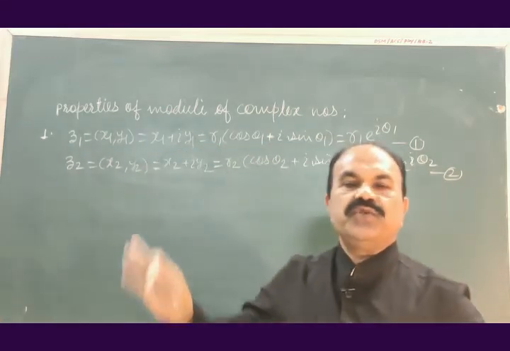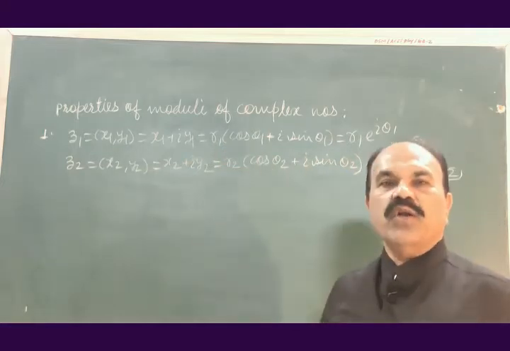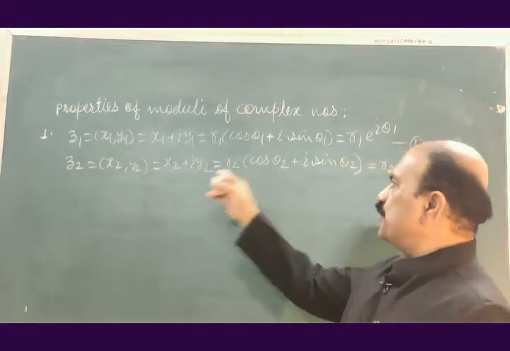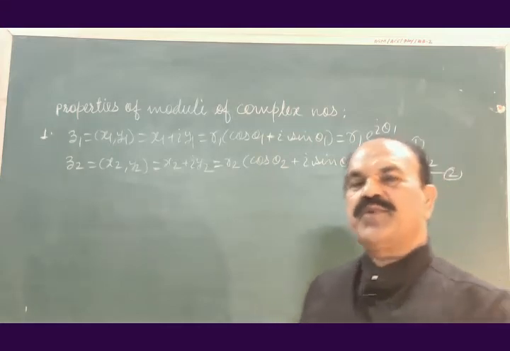So, let us consider 2 complex numbers, z1 given in polar and exponential forms, and z2 given in the same forms. Let us have a product of these 2.